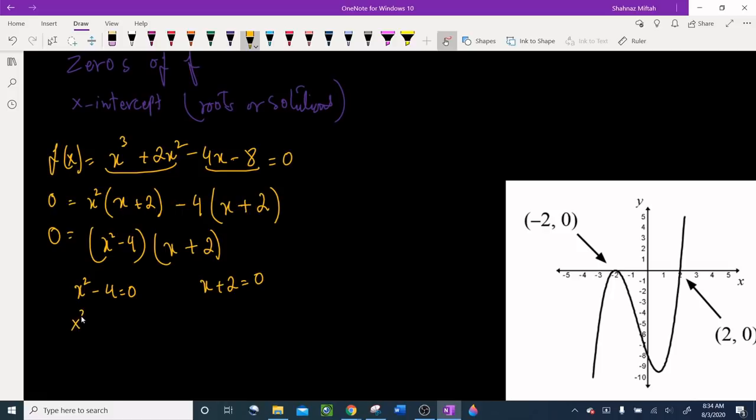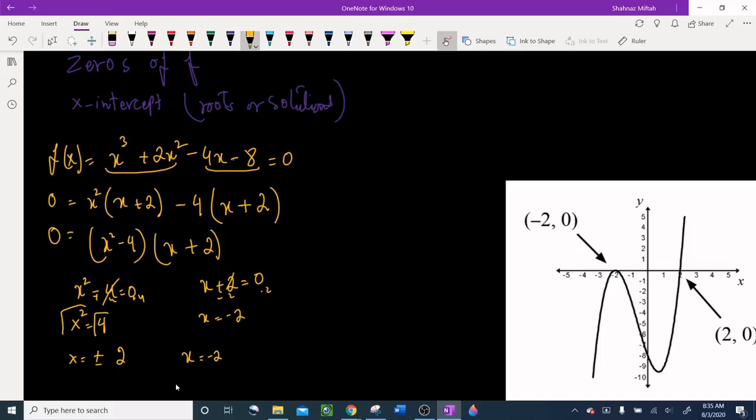So this is going to give me x squared equals 4. You add 4 to both sides. For this one, subtract 2 from both sides because they're jumping over the equal sign. This is going to take the square root, so x is equal to positive or negative 2. And this one is going to be x equals negative 2. So these are all my zeros.